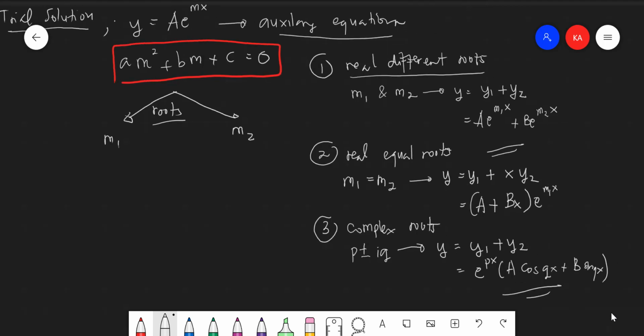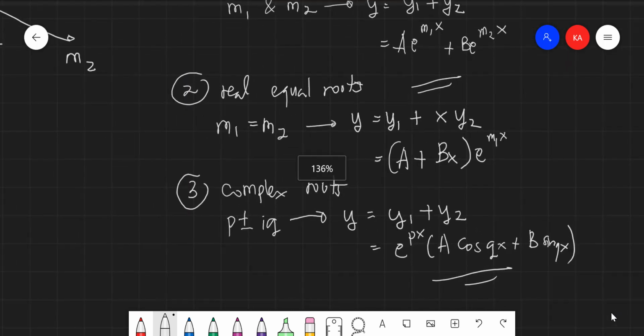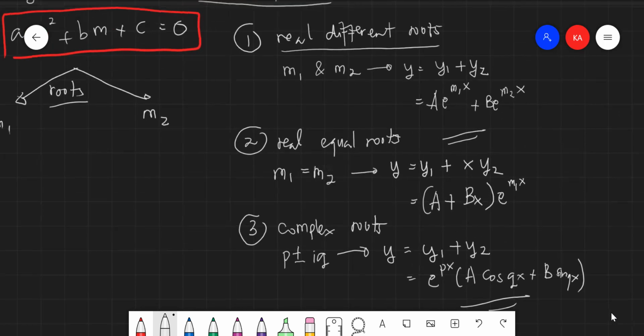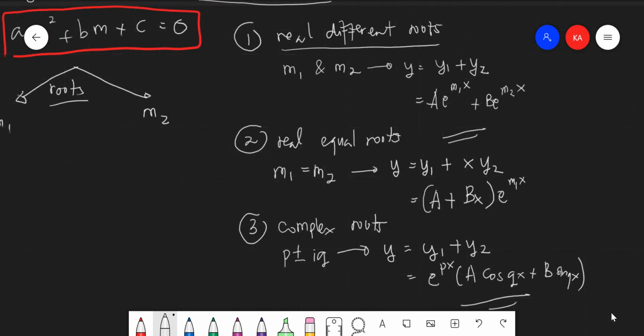So if we have complex roots, we have the solution e power of px, a cos kx plus b sin kx. So these are the three possible solutions in a second order differential equation. Okay.